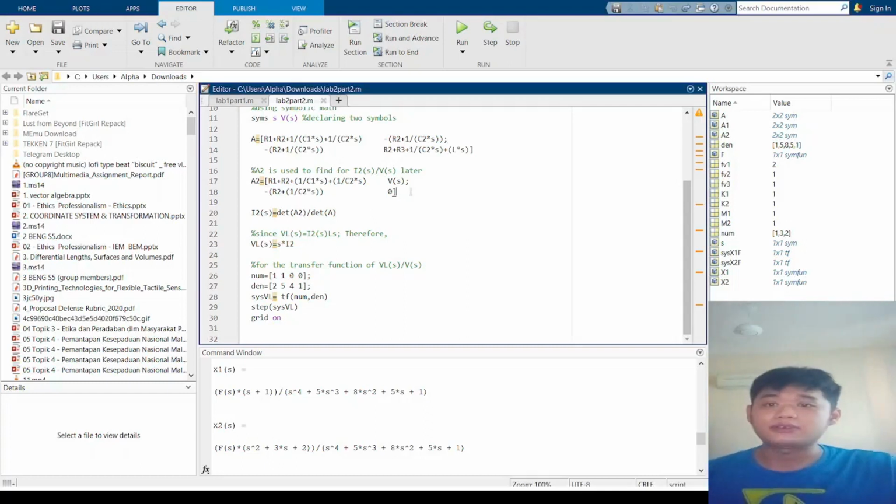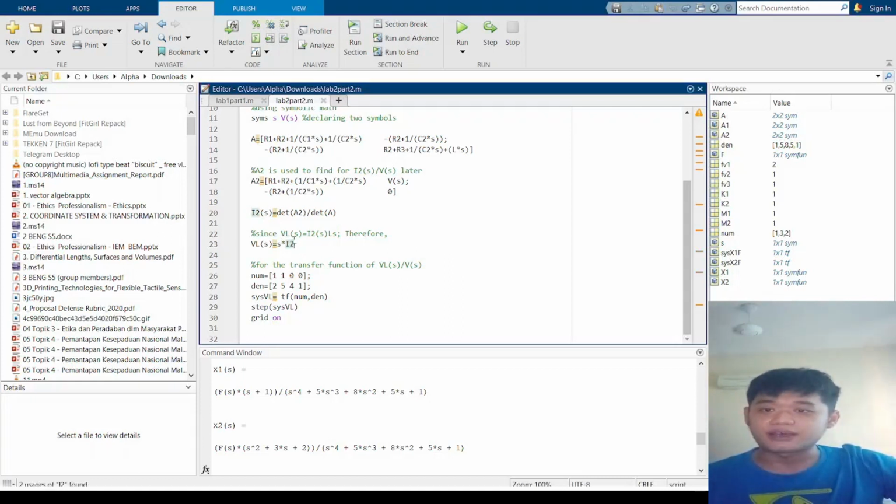So for the A2 here, the same thing will happen again. The Vs and the 0 will be in the second column here to do the multiplication of the formula of the matrix. And then to find the determinant and the final answer for the I2, all we have to do is use the determinant of the A2 divided by the determinant of the normal A matrix.